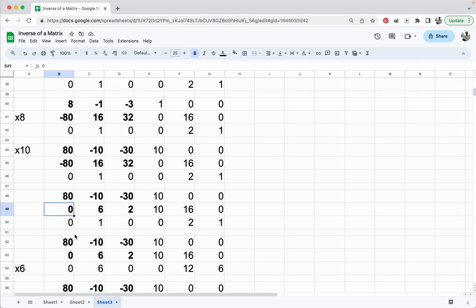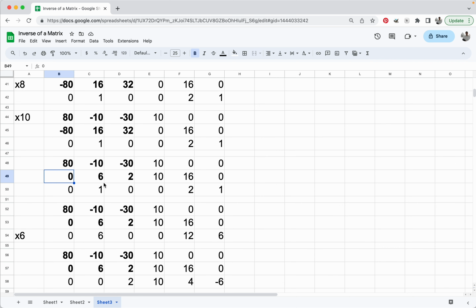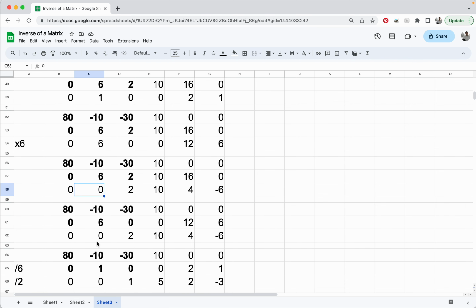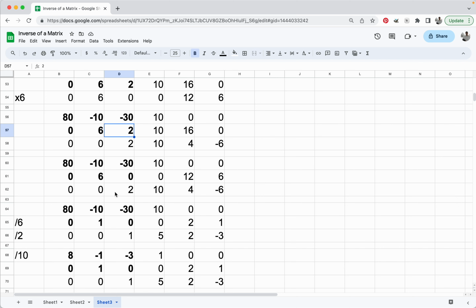Alright, so what next? Next I need to eliminate this one. To do that, multiply by 6, eliminated. Okay, next I need to eliminate what? This number, so eliminated.